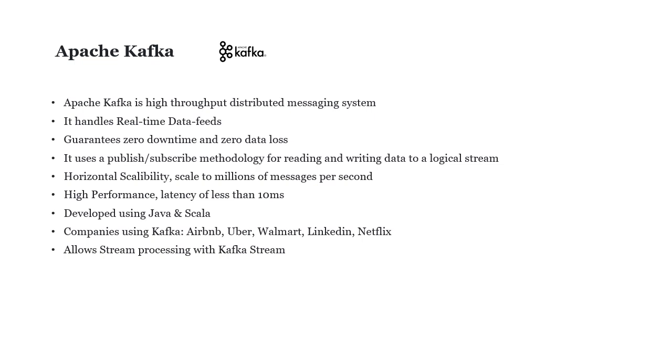You can write some events on those topics, read the events, and then import or export your data as streams of events with Kafka Connect, and then process your events with Kafka Streams, right? So it gives you horizontal scalability. You can scale up to millions of messages per second.